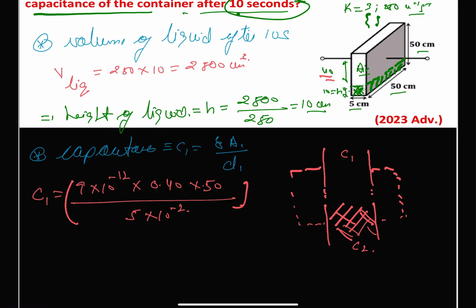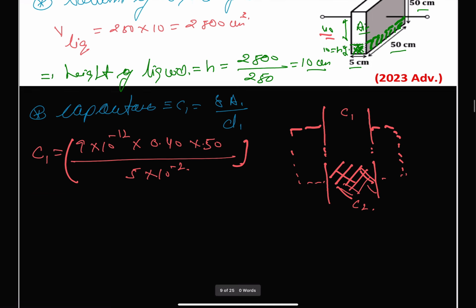From here we get C1 will be equal to 0.36 into 10 to the power minus 10 farads.